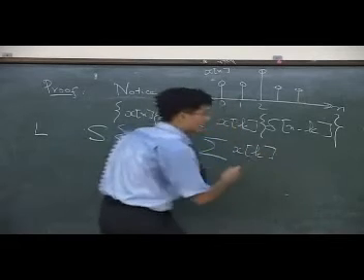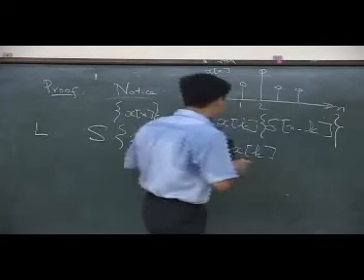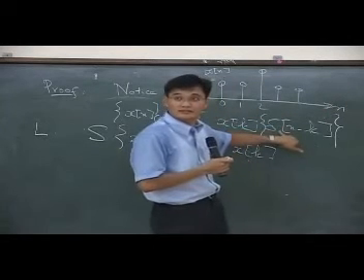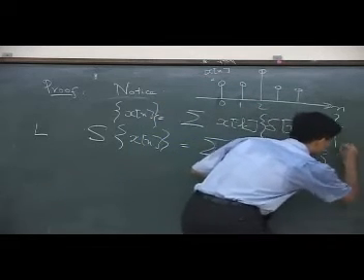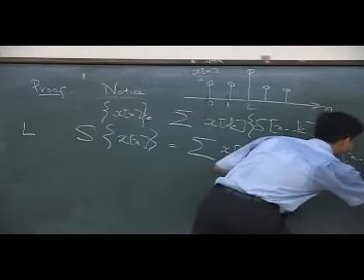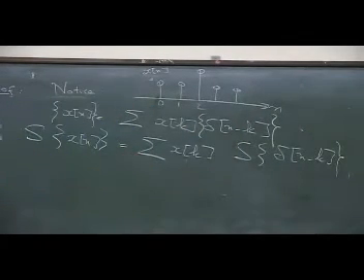So these are just weights. Those are just weights. And I put the S and I see what the output is for delta n minus k. Alright, that is the linear property put in place.